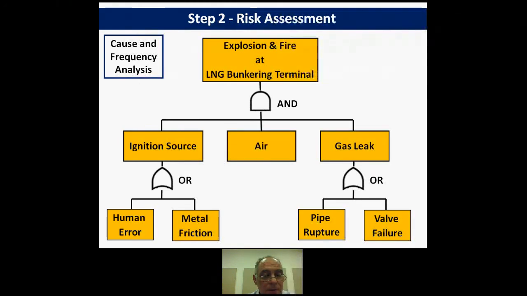We are talking in terms of Boolean logic of an OR gate, and in this case the sum of the frequencies or the sum of the probabilities of both causes, either human error, metal friction, or pipe rupture and valve failure, will give us the required result. That's provided the individual frequencies, of course, are very low. Otherwise, the equation is a bit more complicated. We'll see in a minute. Not much, but simple arithmetic.